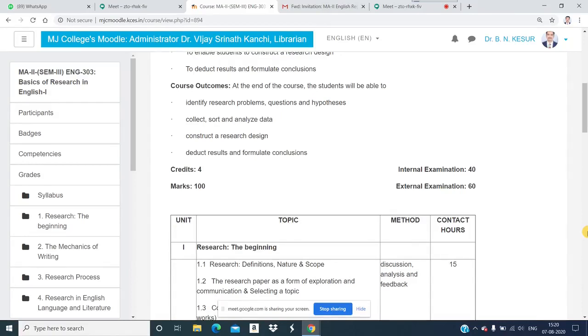I will come to that point. Here you can see that the paper has 100 marks in all, and that will be divided into two parts: internal examinations for 40 marks and external examinations for 60 marks.